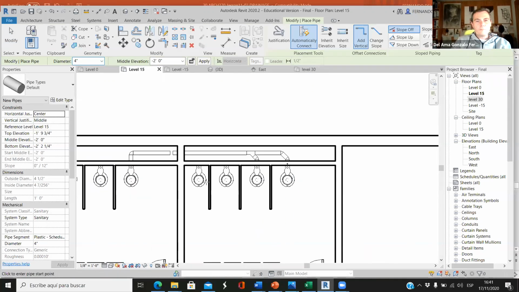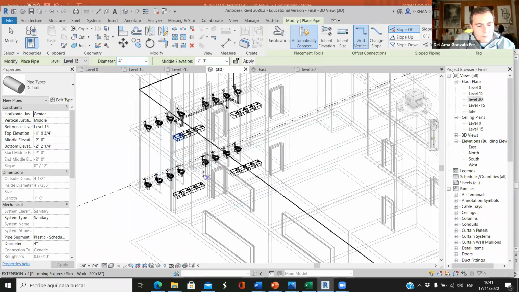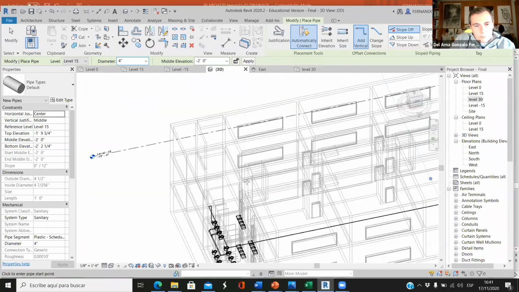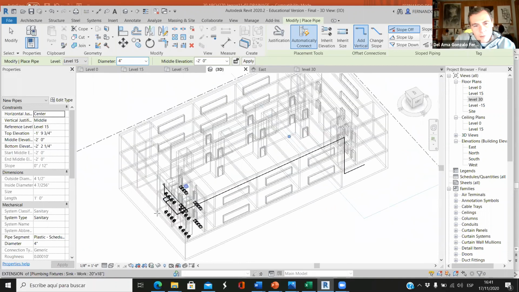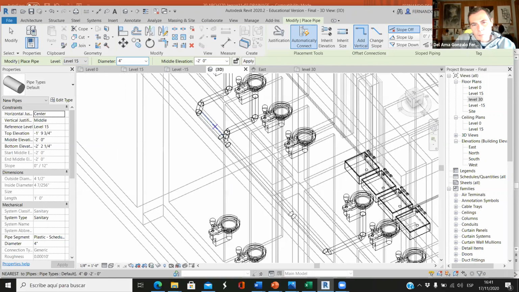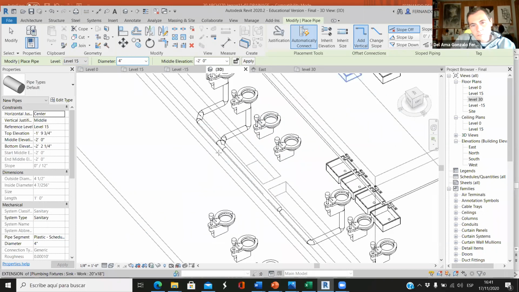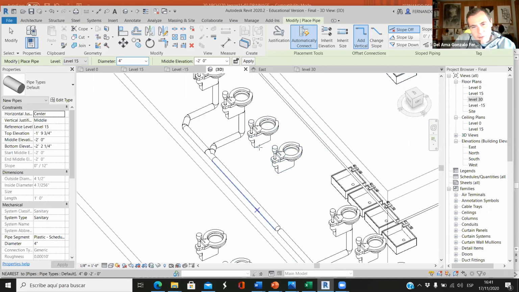There you go. And then on the 3D view, yes, it works. So we have those pipes, and now you need to connect this one and this one.